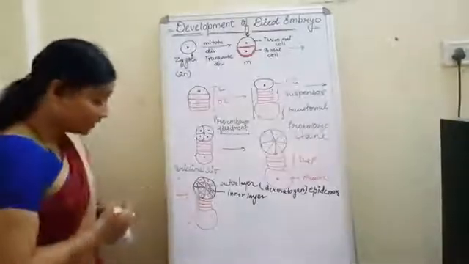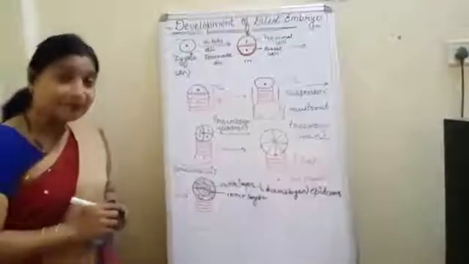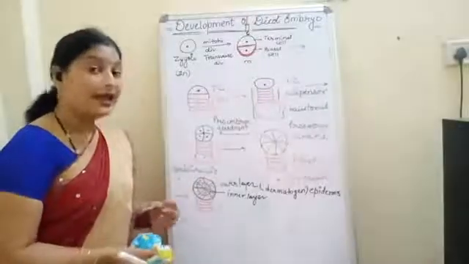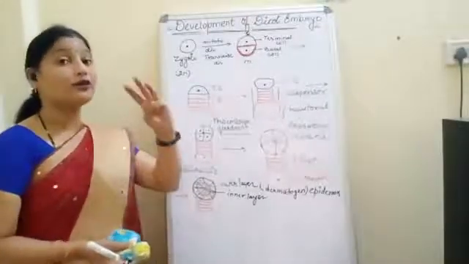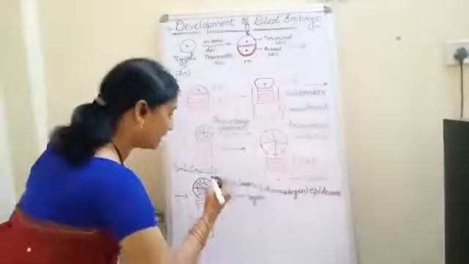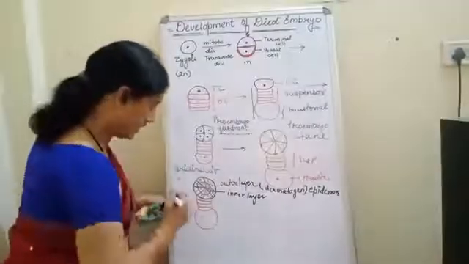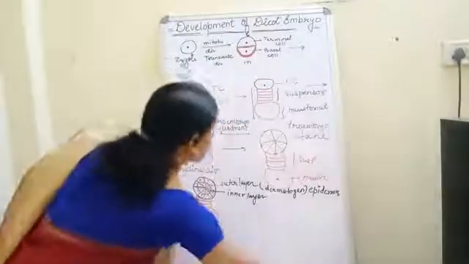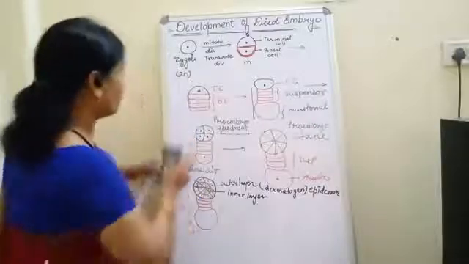One of the suspensor cells will again divide transversely, and then it will give rise to 4 different cells. See how? What I am telling you, I will rub this so that it should be clear to you what I wanted to tell you.